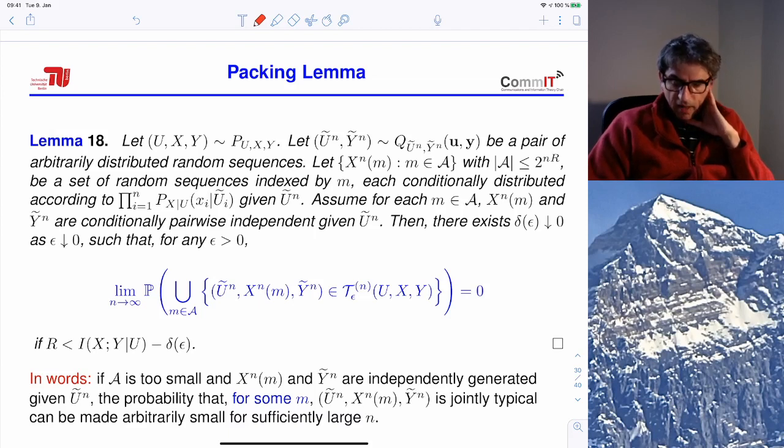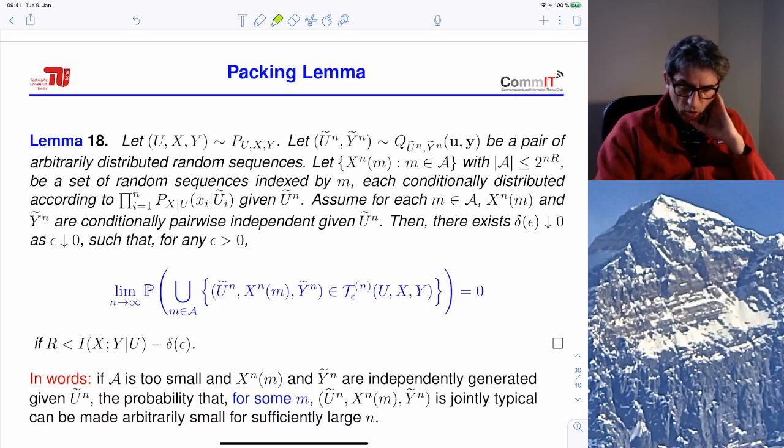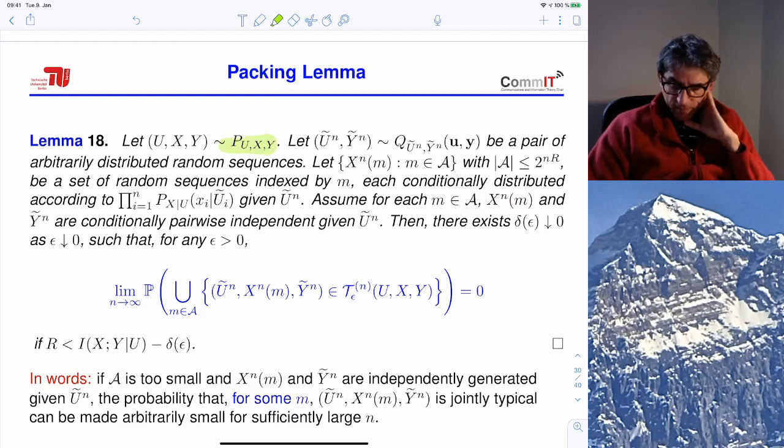And here we have the first important result that we will use in the proof of the channel coding theorem, which is called the packing lemma. So the packing lemma says the following. Suppose that I have, again, a triple u, x, y with its joint distribution. Then we generate u tilde and y tilde according to some other distribution. And then we consider a collection of sequences x indexed by m.